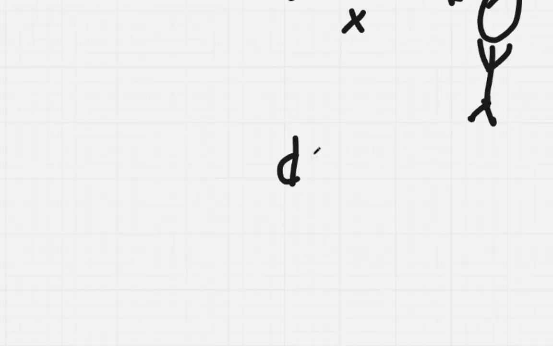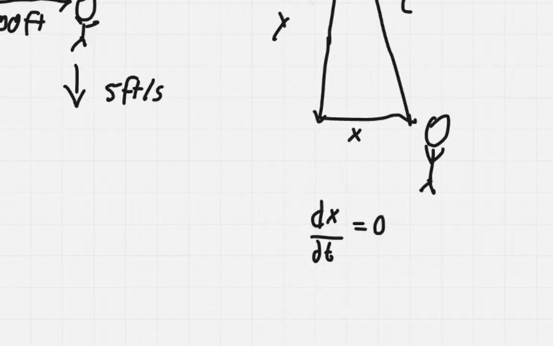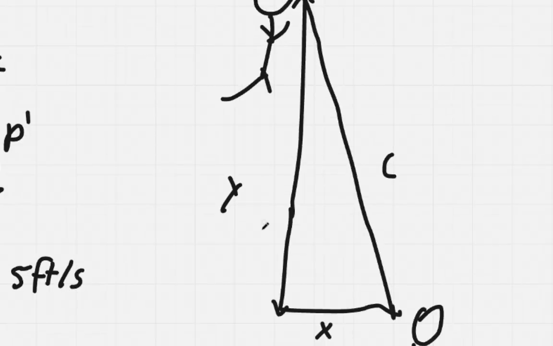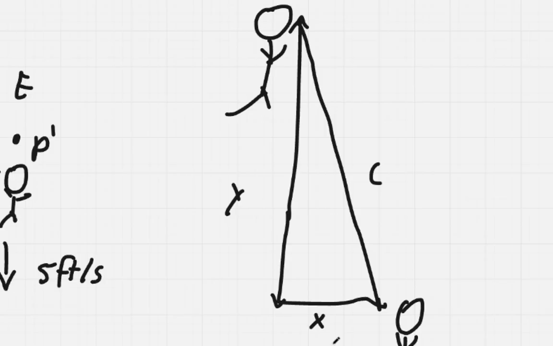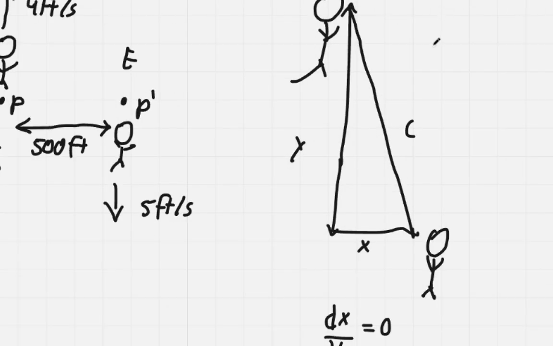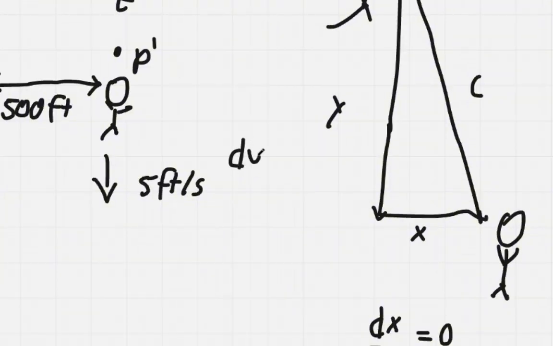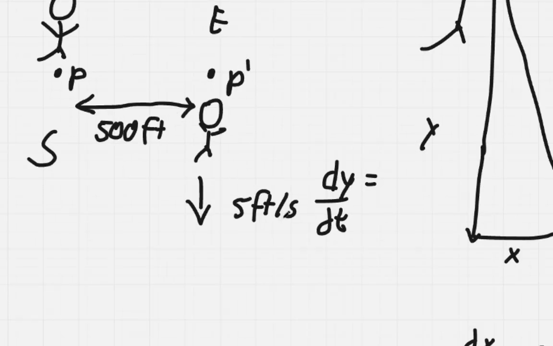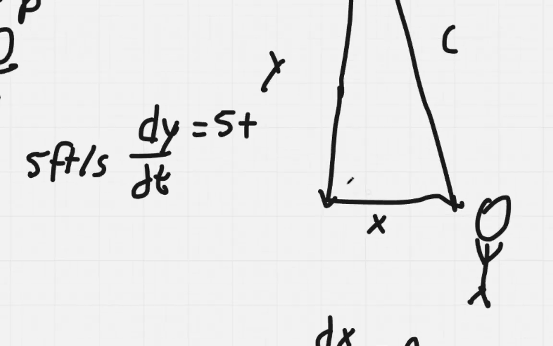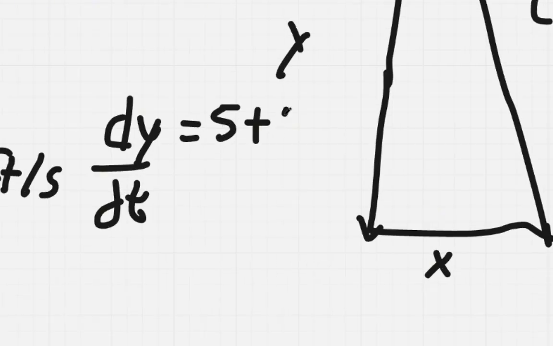So we know that dx over dt is equal to 0. But Y will change if the woman walks and if the man walks. So dy over dt is equal to 5 feet per second plus 4 feet per second, which is equal to 9 feet per second.